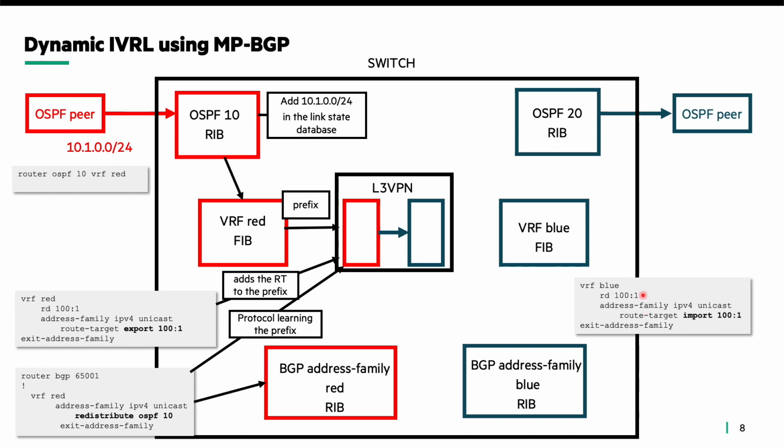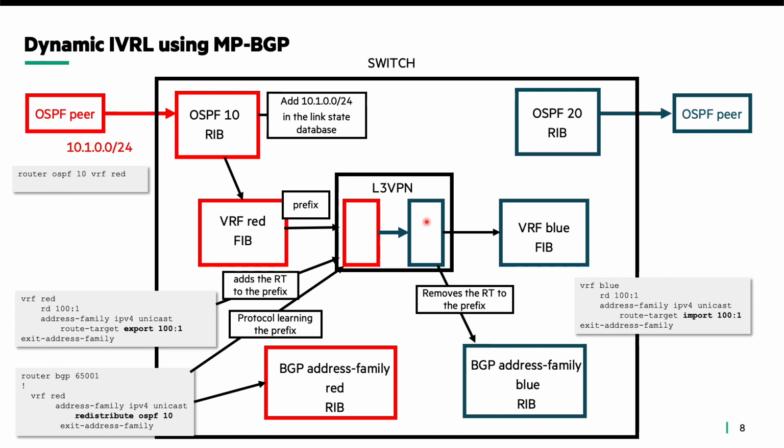Now, on the VRF blue, in the VRF configuration, we have a route target import 100:1, which is exactly the same value as what is exported by white. This prefix will be copied in the L3 VPN tables for the VRF blue.